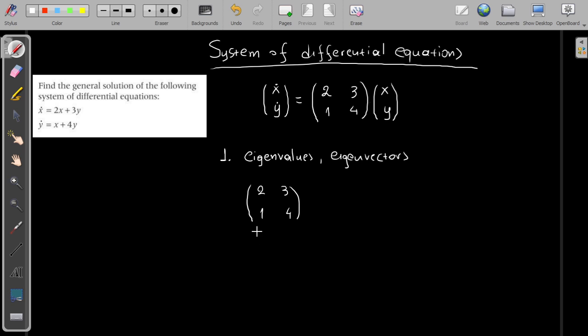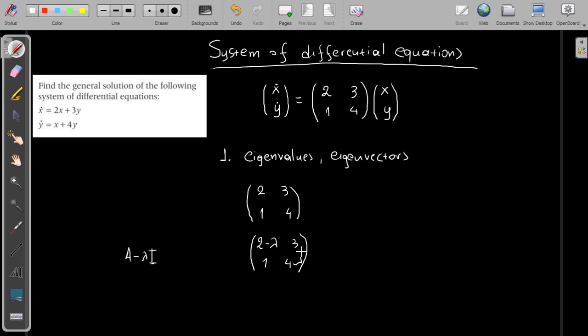Then, to get my eigenvalues, I will subtract lambda times my identity matrix. So it's going to be 2 minus lambda, 3, 1, 4 minus lambda.